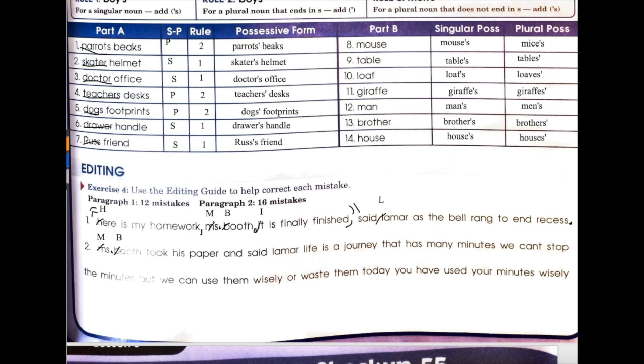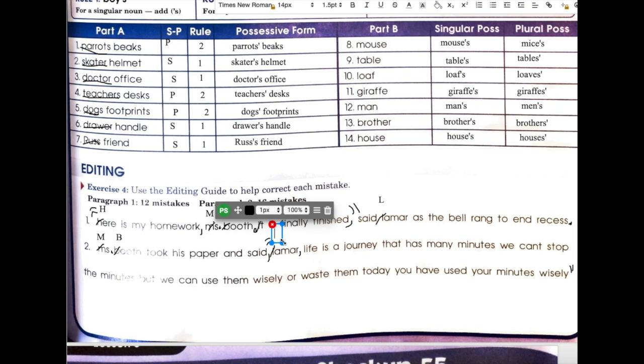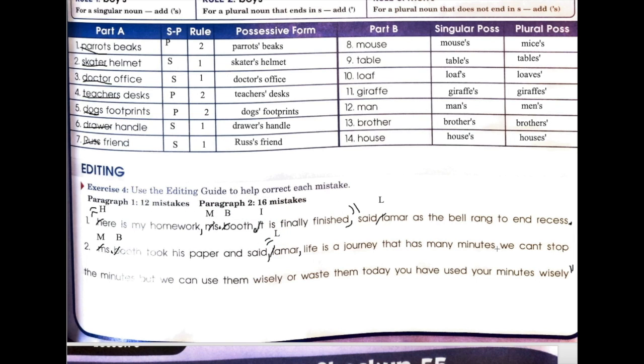Miss Booth took his paper and said, comma after the explanatory words. Quotation marks around what's being said. She's directly addressing Lamar, so put a comma after Lamar. Capitalize Lamar. Lamar, life is a journey that has many minutes. Period.